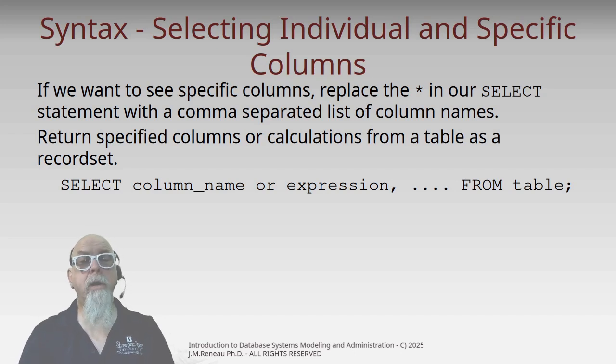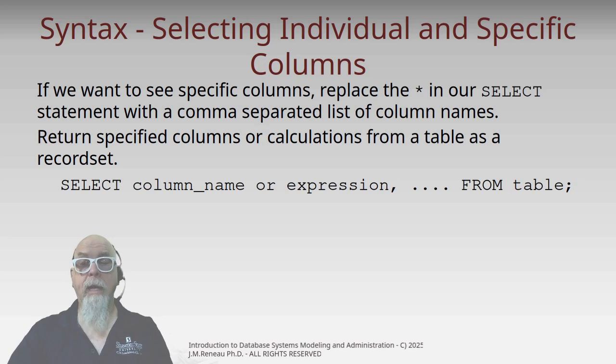If we don't want all of the columns, which is what the star represents, if we want just some of the columns, we can put a column name or a mathematical expression dealing with the columns and other things and functions that are built in, separated by commas. So if we wanted just 2 columns, we could put the column names separated by commas, from table.